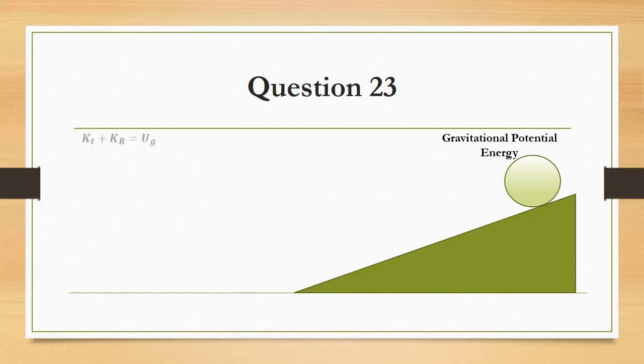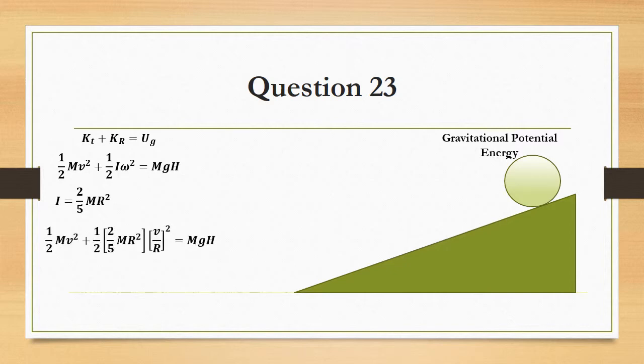Starting from the beginning, kinetic energy translational plus kinetic energy rotational, and that was on the ground down here while it was rolling without slipping, is equal to the gravitational potential energy at its apex on the ramp. Formulas for those things. I also know that the rotational inertia of a sphere, this is in the prompt as well if you don't remember it, is 2/5 mr squared. So I'm going to plug that in for I, and you'll notice I've replaced omega, because omega is just velocity over r, or v equals r omega.